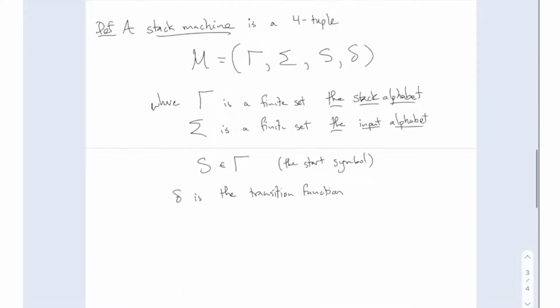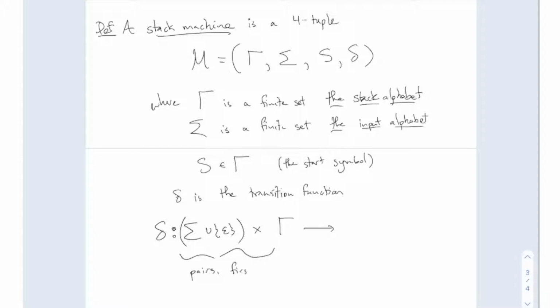So the transition function, its domain is a set of pairs where the first thing is one of the input letters or possibly the empty string. This is confusing, but it's like that. This is the domain, and then I'm going to put an arrow. So what this means is the domain is pairs.